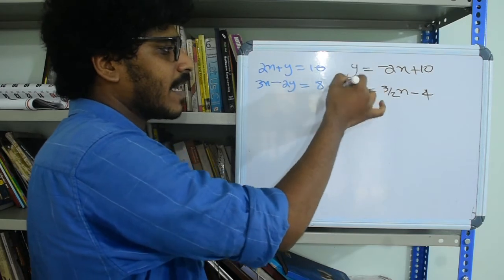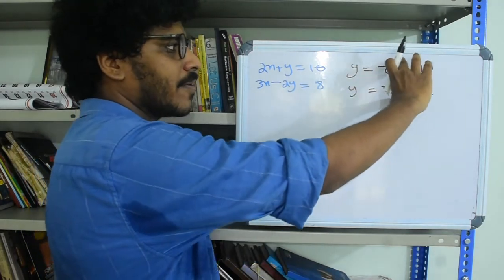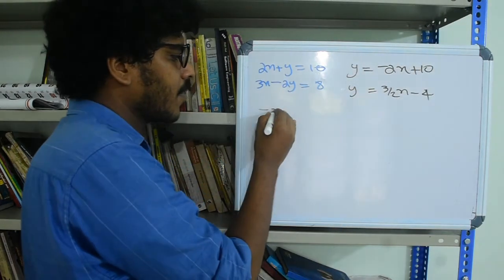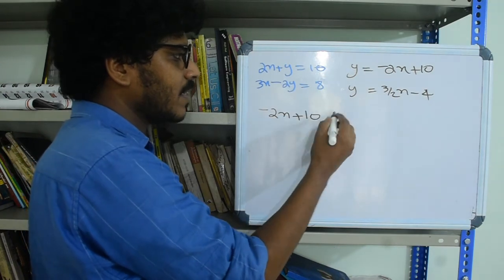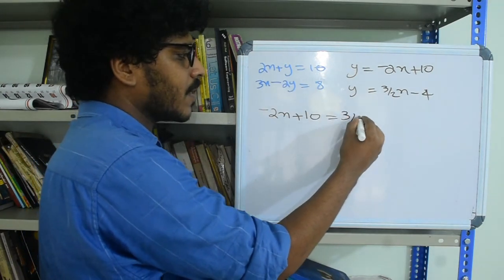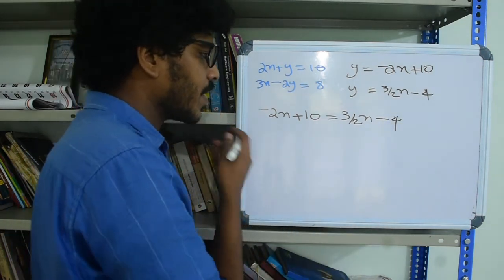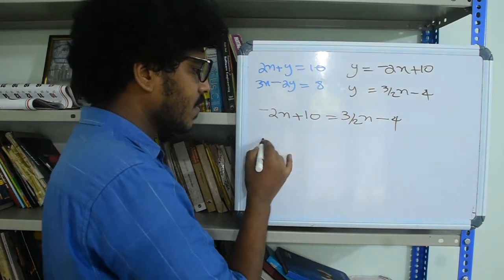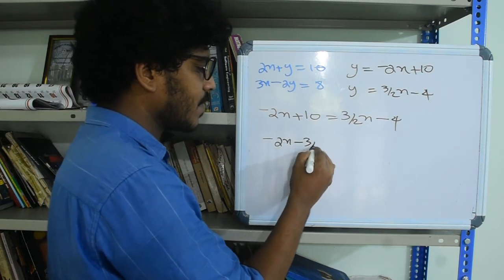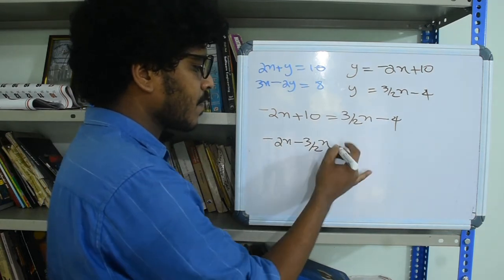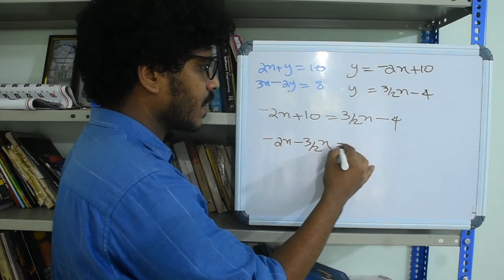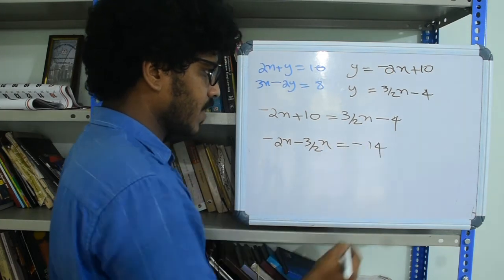Now second step, solve, equate and solve for x. So we have y and y on the left hand side, so we can equate the right hand side. Minus 2x plus 10 equal to 3 by 2x minus 4. So bringing all these x terms to one side, minus 2x minus 3 by 2x equal to minus 14.